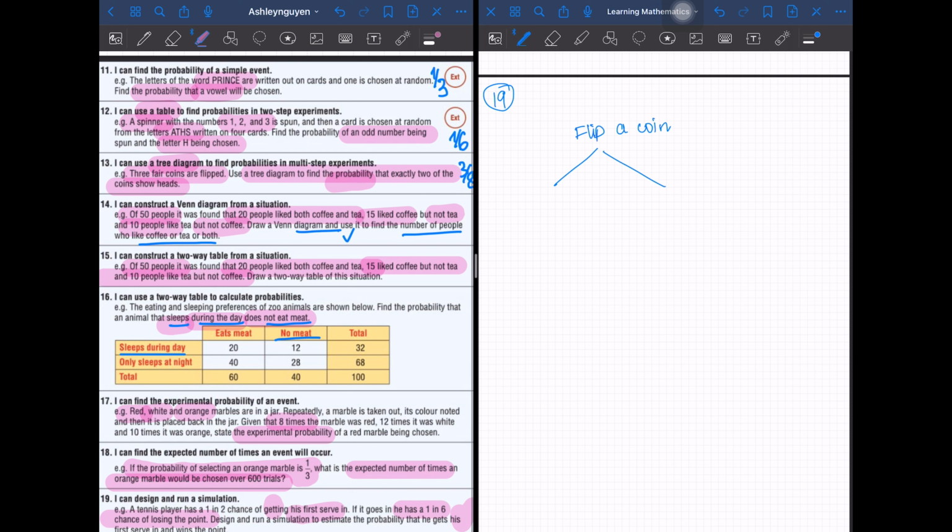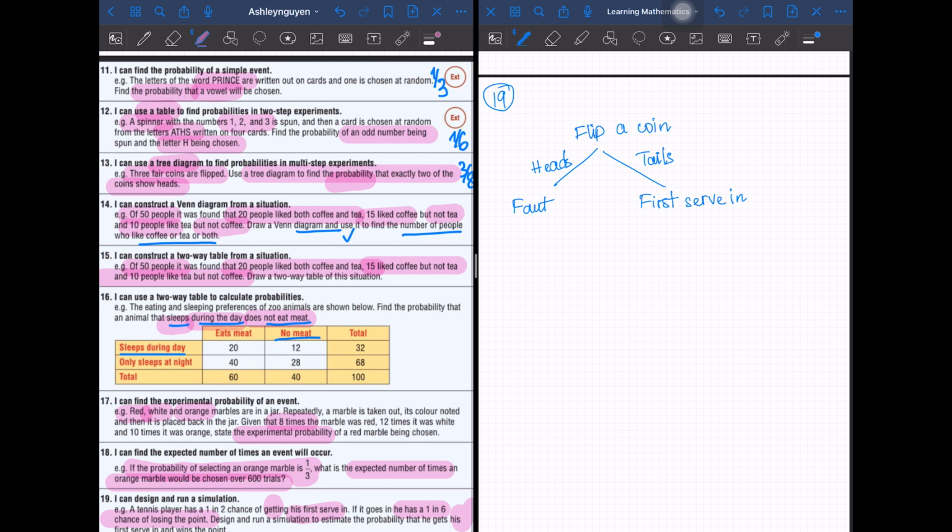So let's flip a coin, you have 2 chances. You can either have head or tail. Whenever you have heads, it counts as the first serve in, and you have a 1 in 2 chance of serving the first serve.